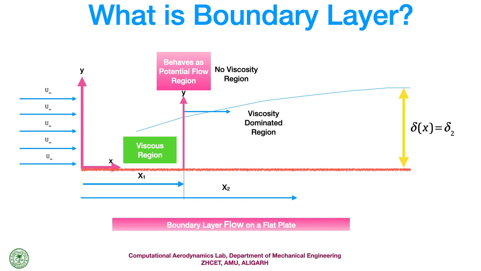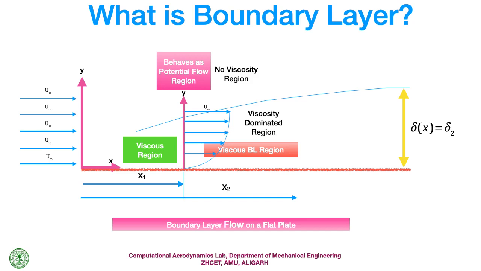Now, I also know that in the region where no viscosity is present, that is, it behaves as the potential flow region, the velocity u infinity will not be changed.